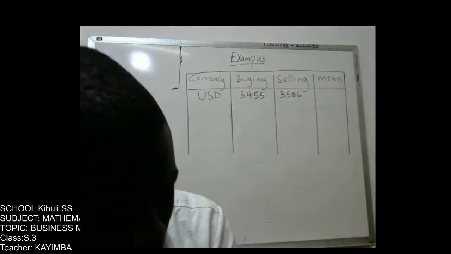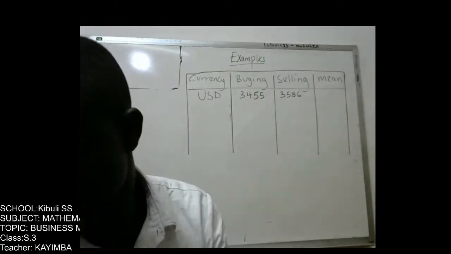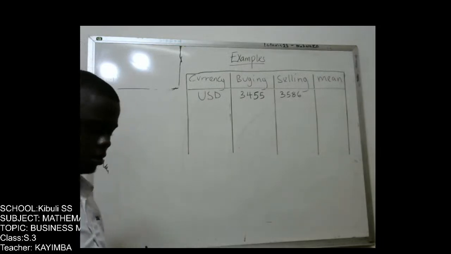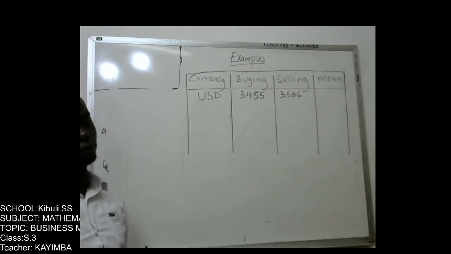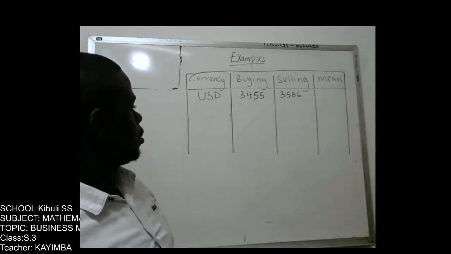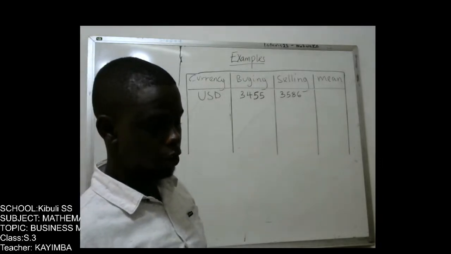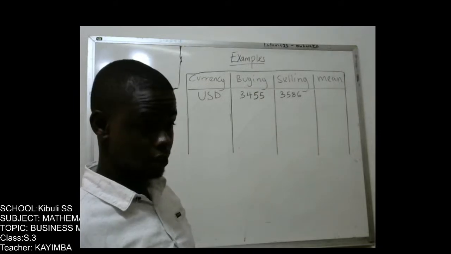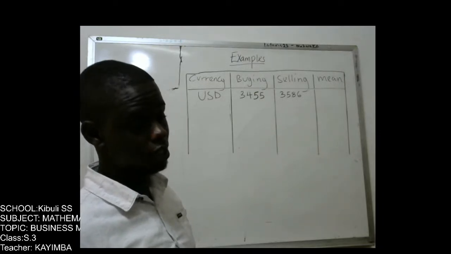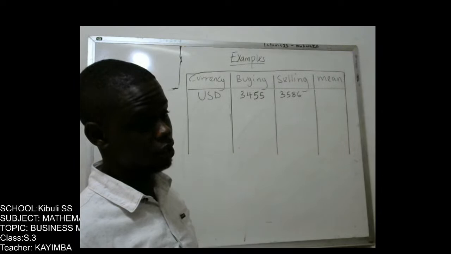Try to add. Remember, when you're adding, you first add and press the equal sign. They give you the equal, and then you say divide by 2. Don't just divide straight away.